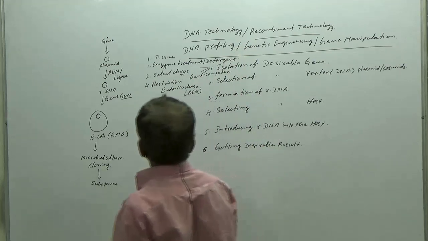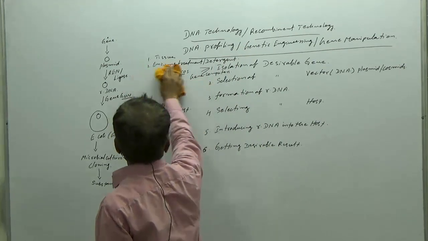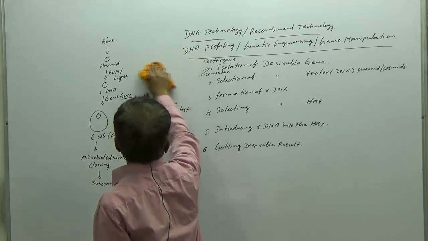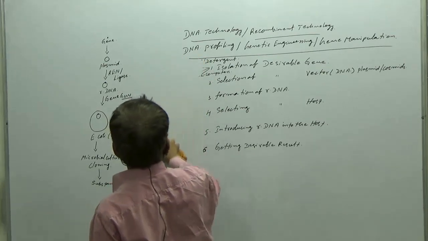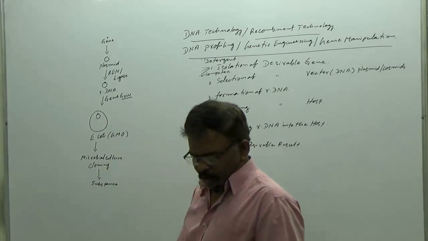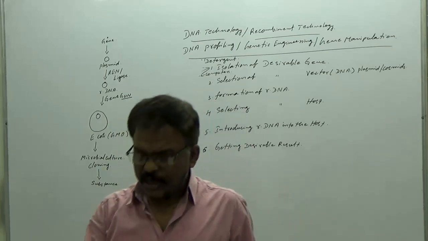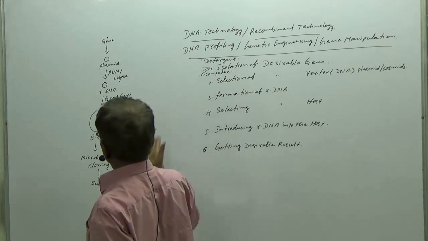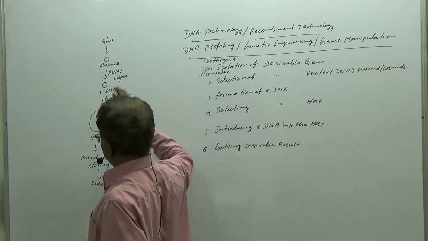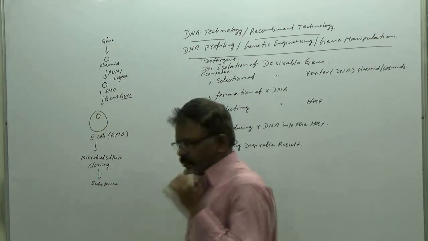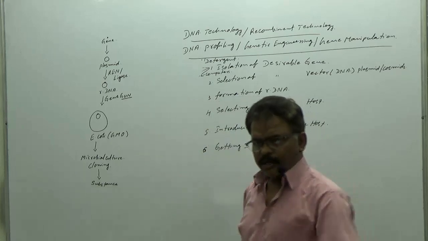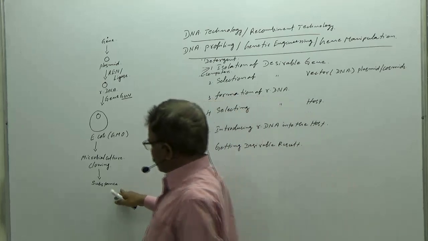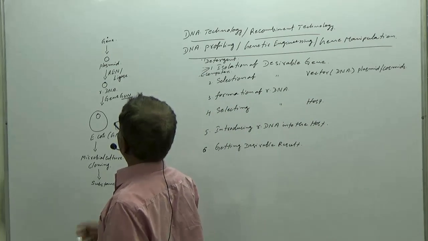Now see, this is related to microorganisms. Now we want to produce genetically modified plants, not the microorganism, not the substance. So Bt cotton we want to produce.